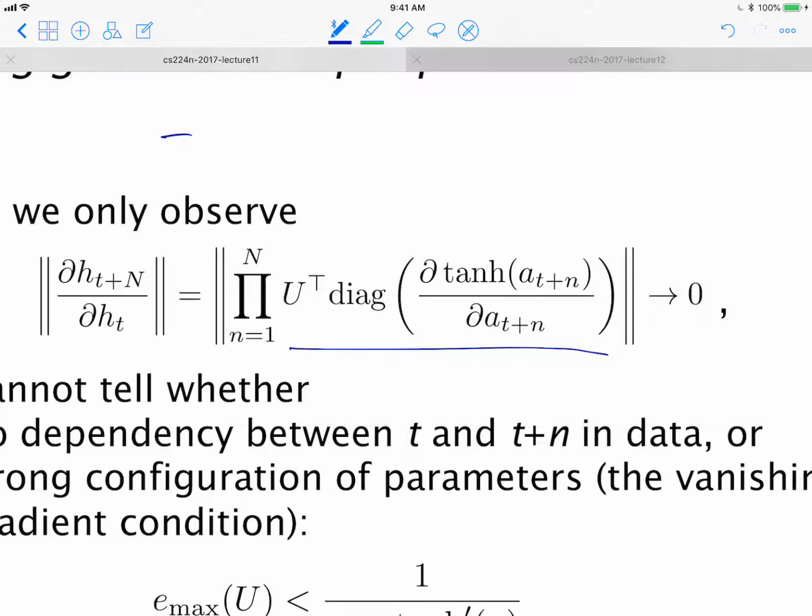So ht to ht plus 1 is going through the linear combination of w or u here and maybe tanh, right? And so this is basically a vector, right?